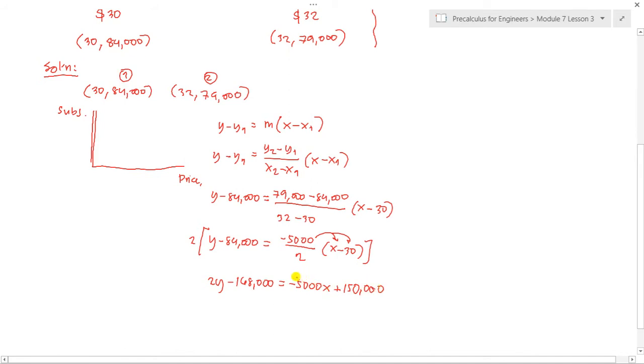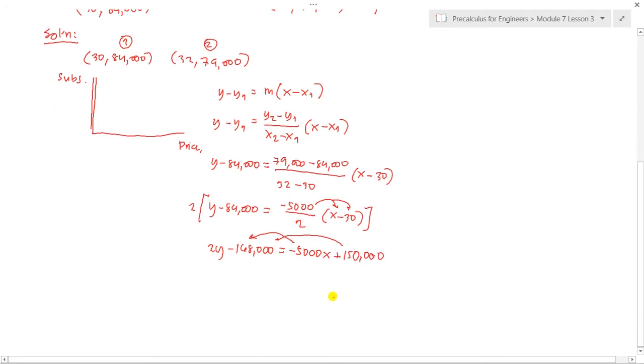Then isolating all the terms on the left side, we have 5,000x plus 2y, then the 150,000 is transposed to the other side and becomes positive with the 168,000. So the final answer is 5,000x plus 2y minus 318,000 is equal to 0. Okay, so that is our linear equation.